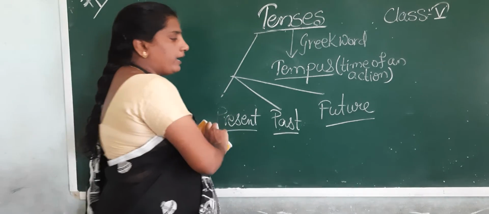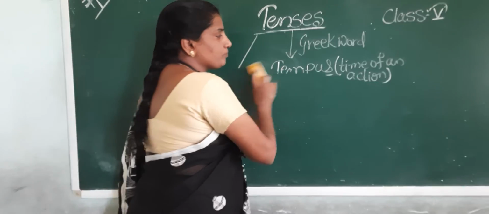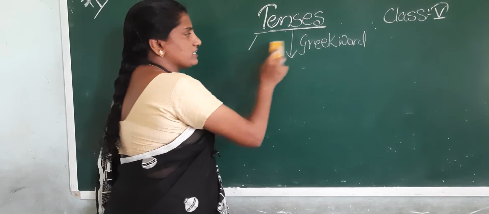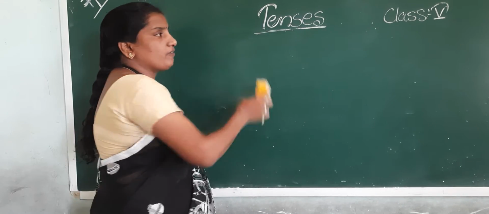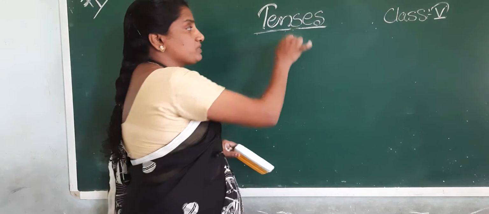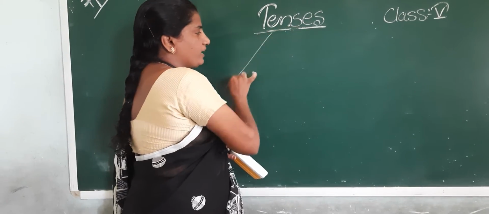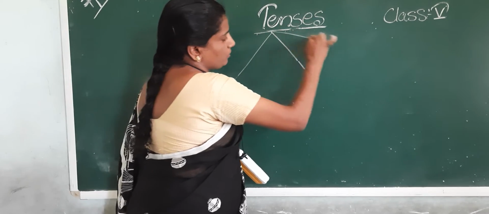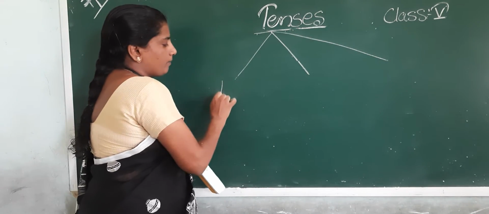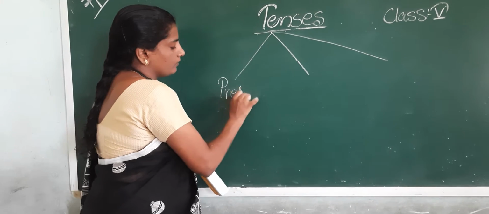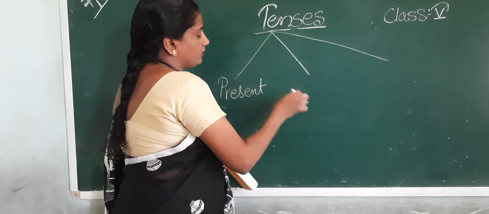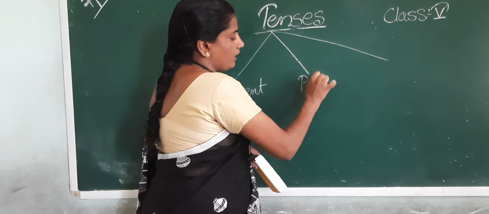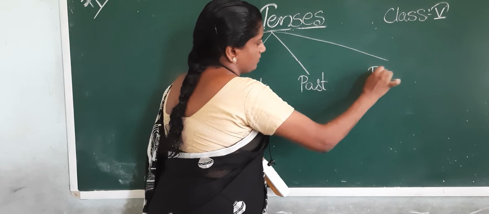See children, according to the work done, these three tenses are again subdivided into four types each. We have divided tense into three types: present, past and future.